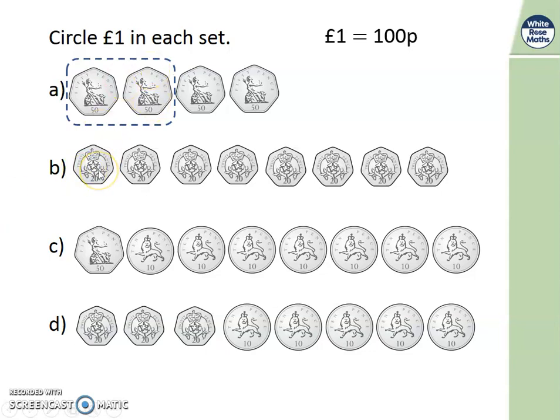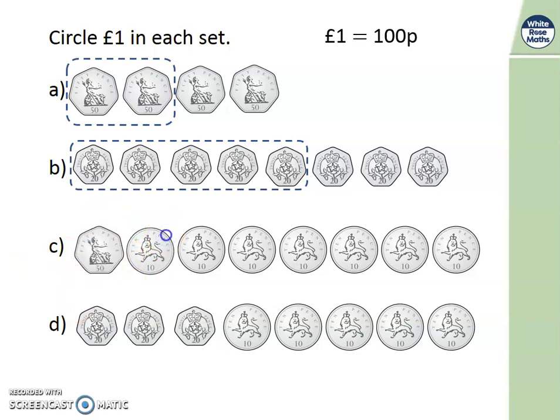What about if I have 20 pences? 20, 40, 60, 80, £1. Let's see. Yeah, that's 100 pence or £1. On C, I've got a 50 pence and the rest are all 10 pences. So hold the 50 pence in your head and add on in tens.